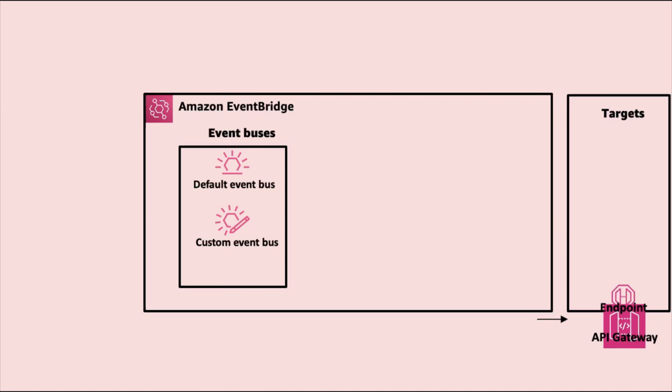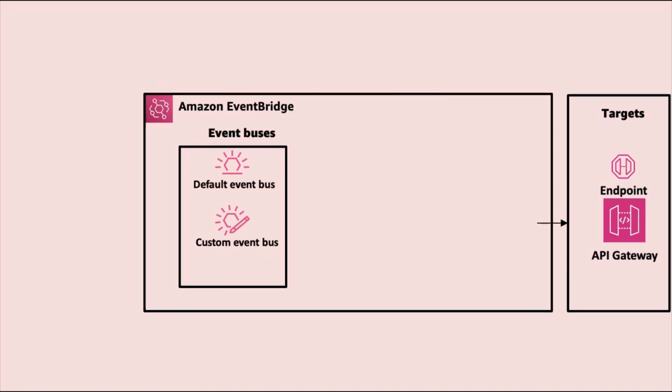The target in this case is an API Gateway REST API endpoint, and this endpoint will be using the mock integration, which simply returns the status 200 back to the clients. There is no actual backend behind the API Gateway, it's a mock integration. And for authorization, we'll be using a Lambda.